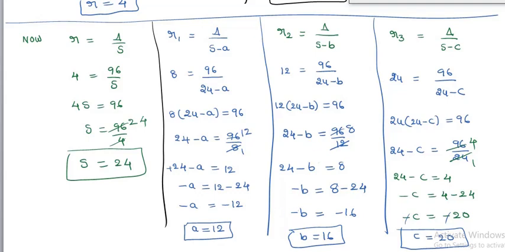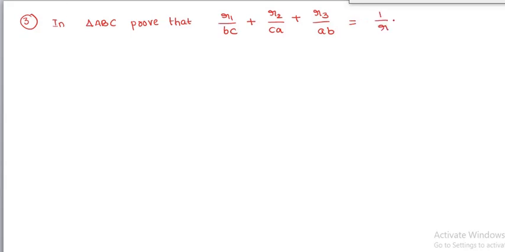Okay, next one. In triangle ABC, prove that R1 by BC plus R2 by CA plus R3 by AB is equal to 1 by R minus 1.